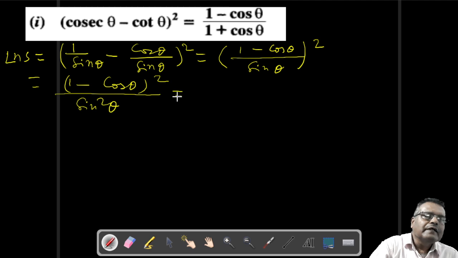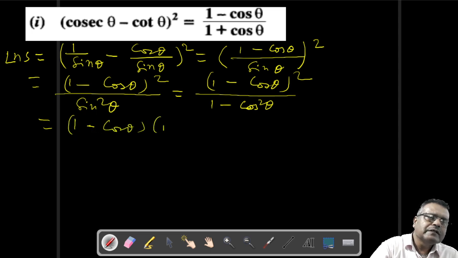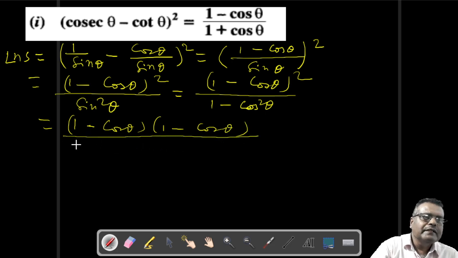Sin square theta can be written as 1 minus cos square theta. And (1 minus cos theta) whole square is (1 minus cos theta) into (1 minus cos theta). This is divided by 1 minus cos square theta, which can be written as (1 minus cos theta) into (1 plus cos theta).